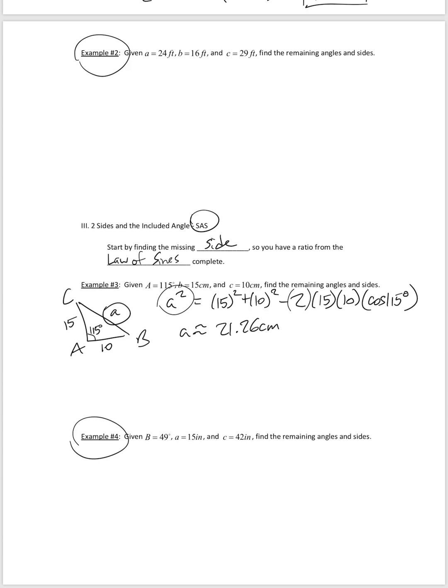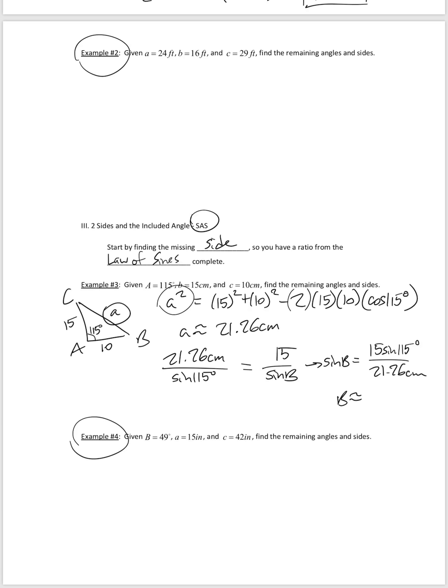Okay. Now, I take that value. Now I can set up the law of sines. 21.26 centimeters over the sine of 115 degrees equals B over the sine of B. So the sine of B equals 15 times the sine of 115 degrees over 21.26 centimeters. Take the inverse sine of both sides.